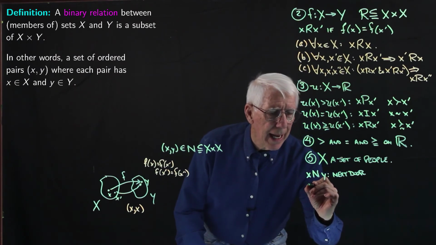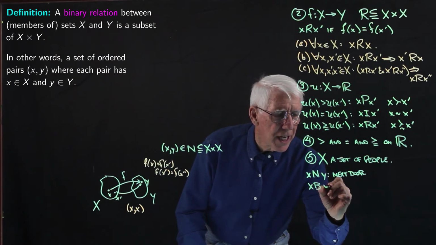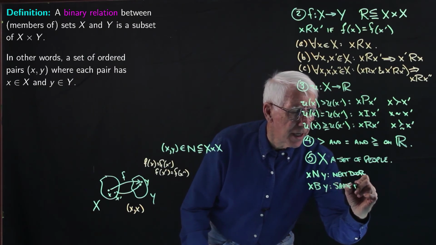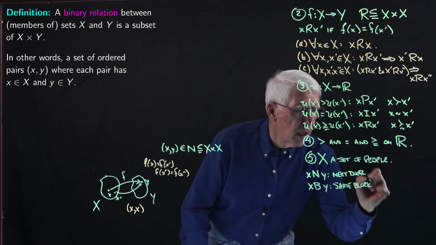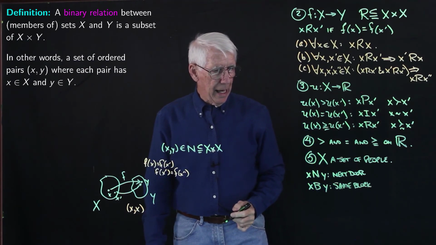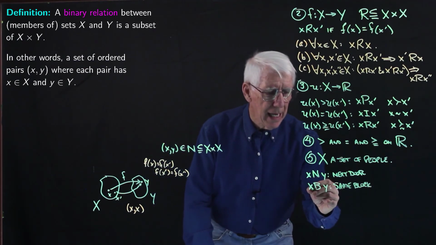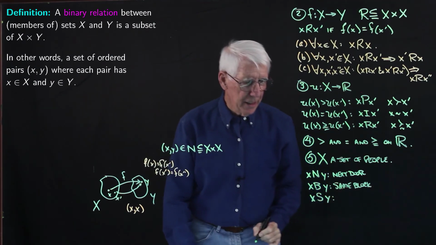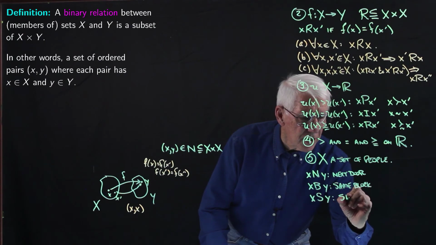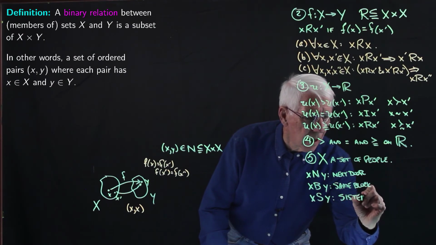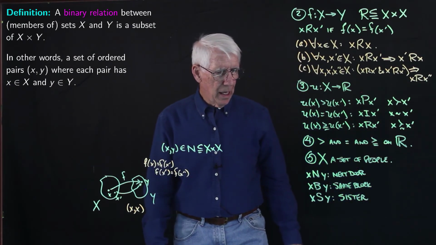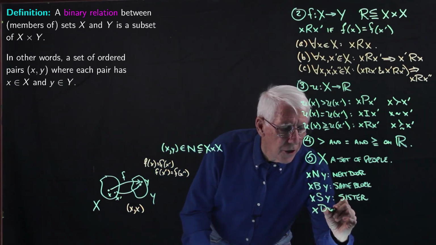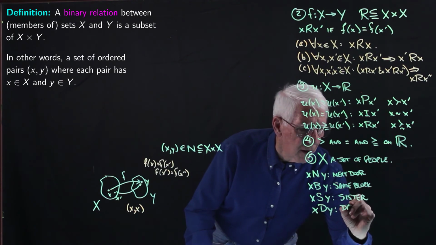Let's say X lives on the same block as Y. So let's just say they live on the same block. A third relation. Let's say the relation S is X is a sister of Y. Another one, let's say X is a daughter of Y.